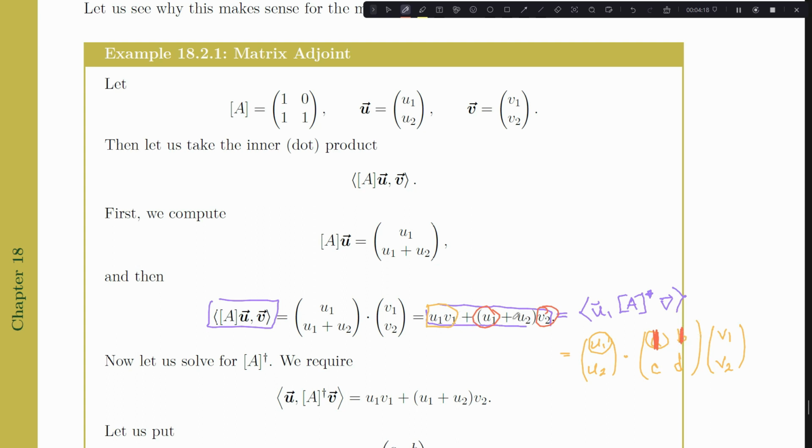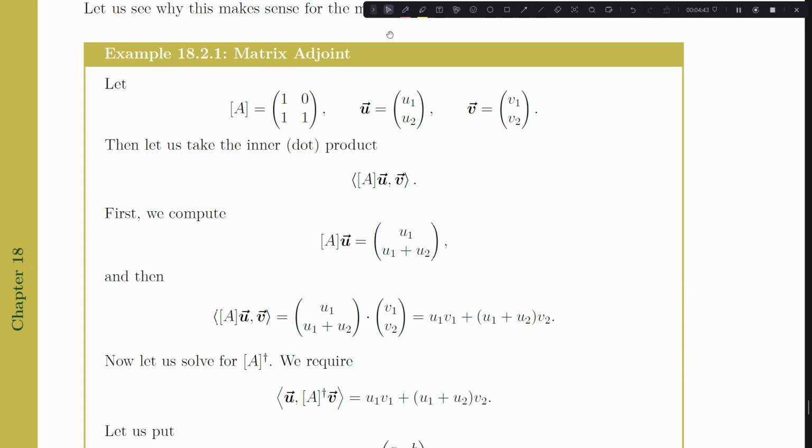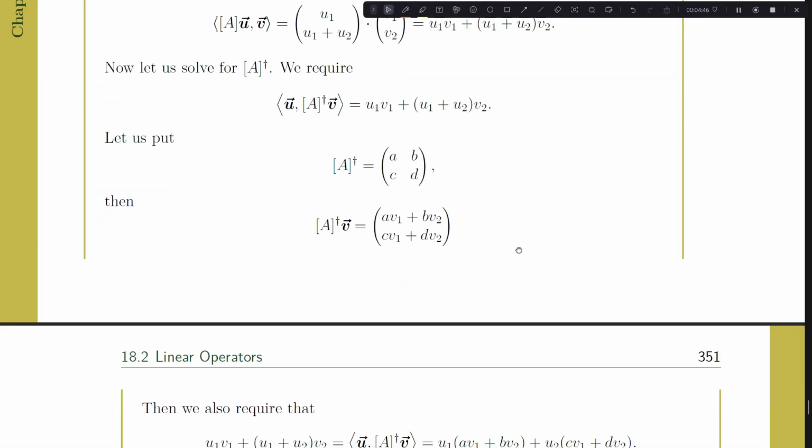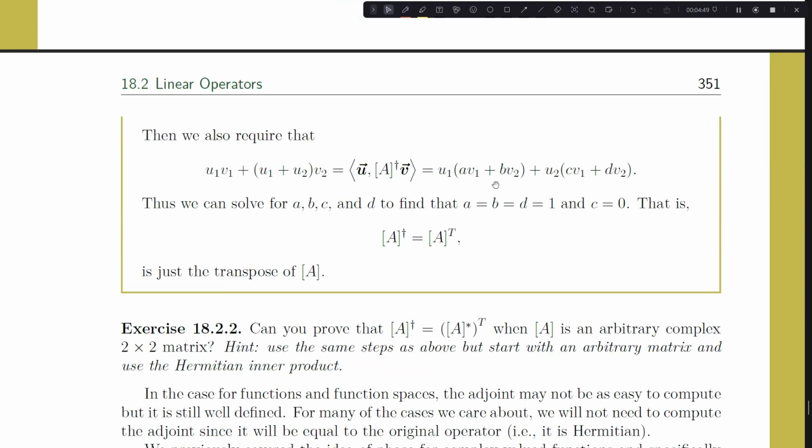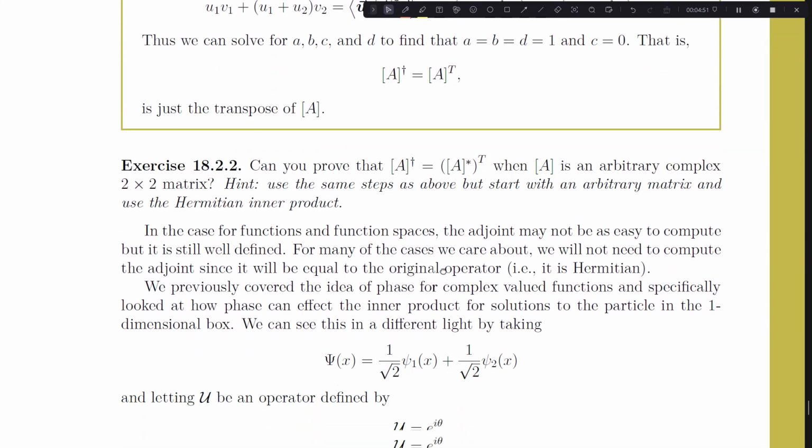I'll need a u2 v2, which means d needs to be equal to 1. And I do not need a u2 v1, so c is allowed to be 0. So in fact, this should be my matrix A dagger, [[1, 1], [0, 1]], and you'll notice that's exactly the conjugate transpose of A. So we can compute that directly, or you can just use the property that it should always be the conjugate transpose. The rest of that example is the book doing exactly what I showed you.